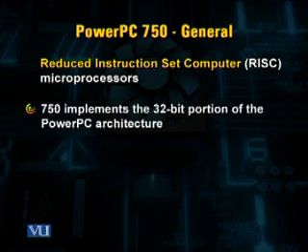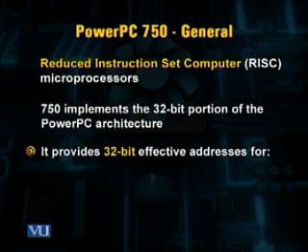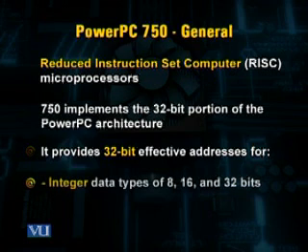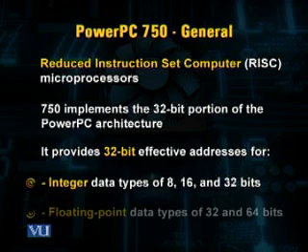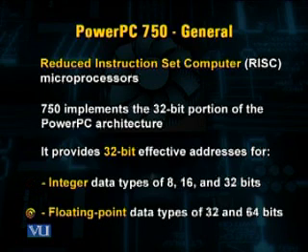This microprocessor is basically a 32-bit portion of the PowerPC architecture, which provides 32-bit effective addresses for integer data of 8-bit, 16-bit and 32 bits, whereas for the floating point data of type 32 bits and 64 bits.